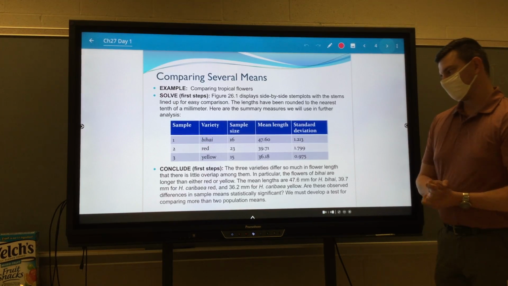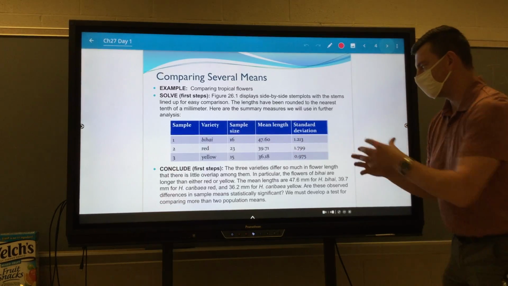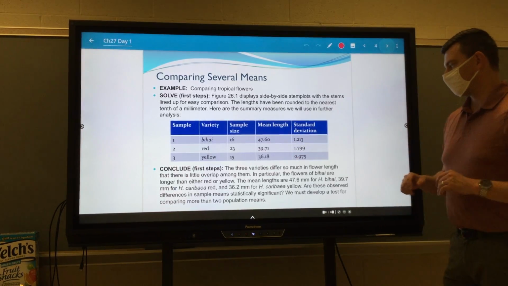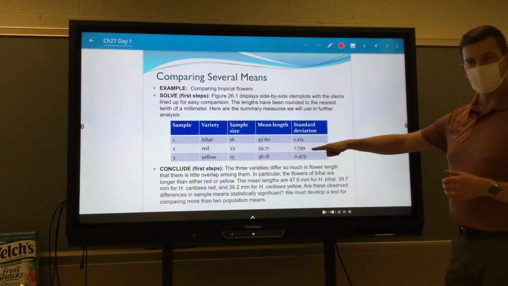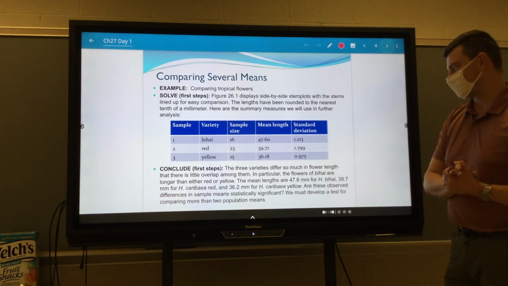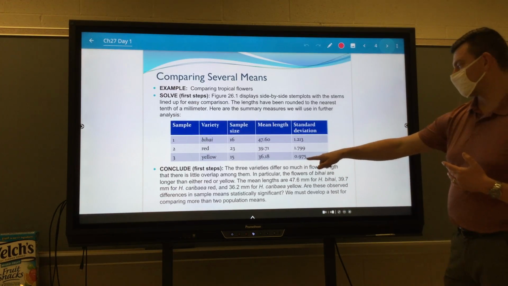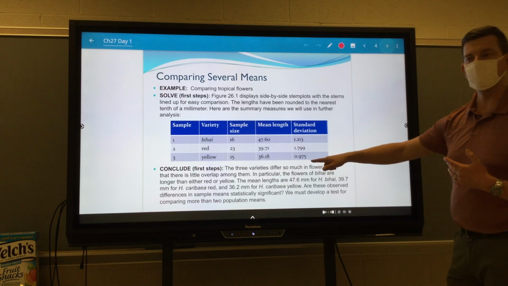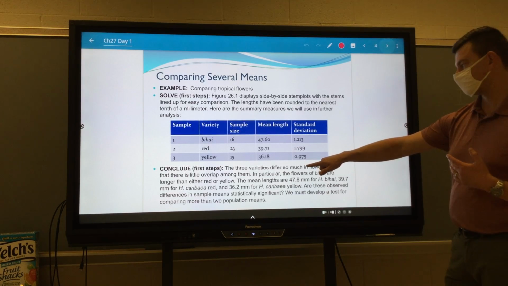You'll see that this red variety had the middle mean length, but it has the most variability within its flower. Standard deviation of 1.799. Compare that to the yellow variety, there's much less. There's about half the variation with that yellow variety, 0.975.